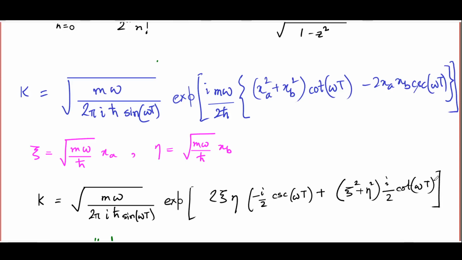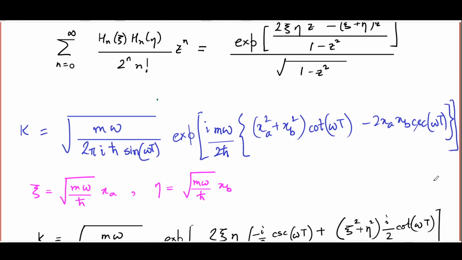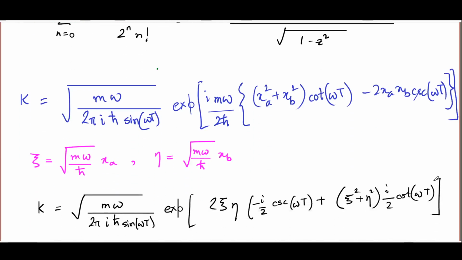So once again, this looks like we are on the right track, almost at least. The thing within the exponent at least is beginning to look promising: 2 xi eta z by 1 minus z square. Here you have 2 xi eta into minus i by 2 cosec omega t and so on.